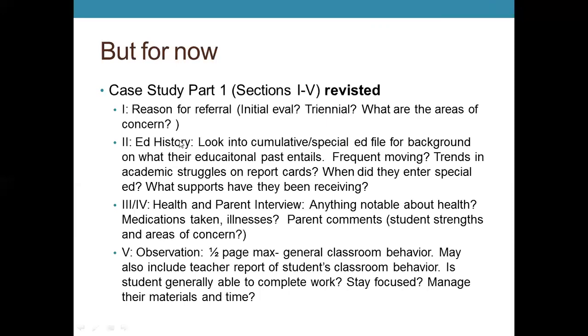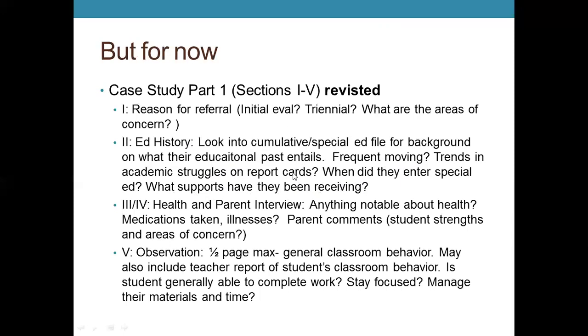Then you're going into educational history, getting a snapshot of what the student's educational background is and how they might have come to this place of needing this evaluation. So have they attended school regularly? What have been the trends in their report cards? When did they first enter special ed, and what supports have they been receiving?